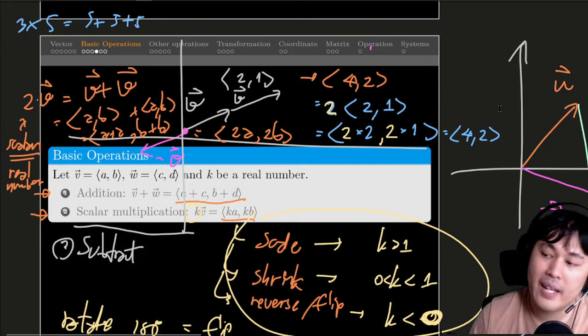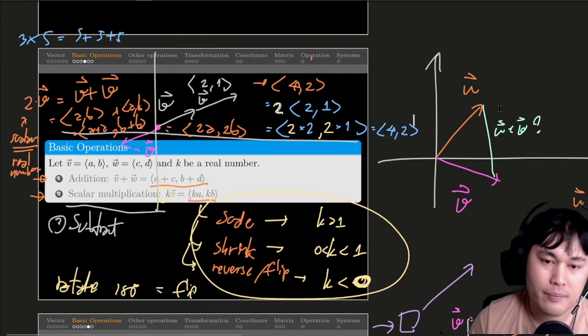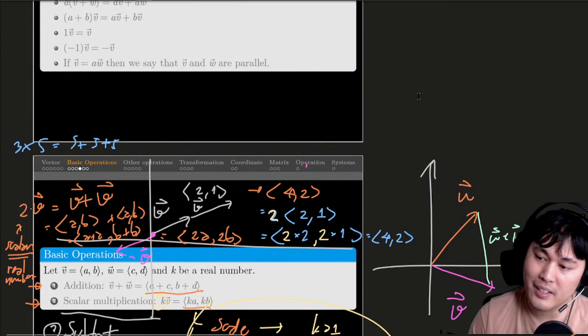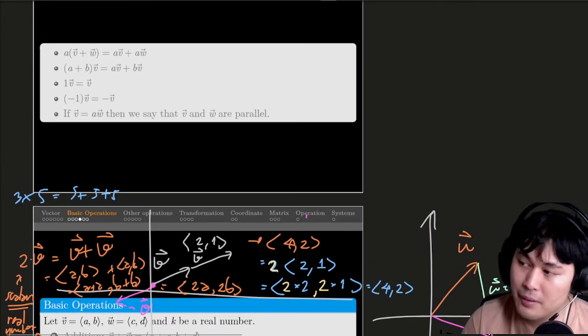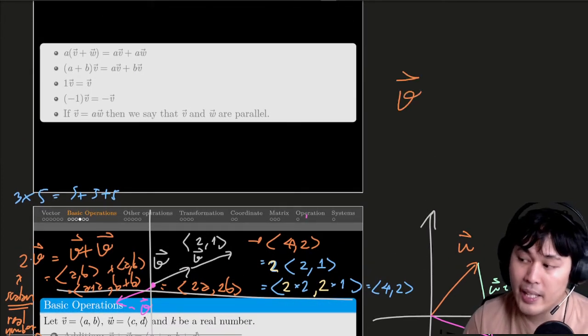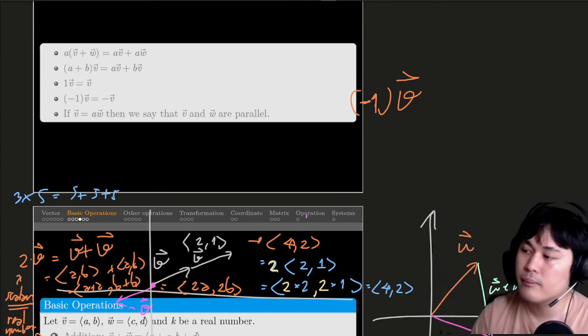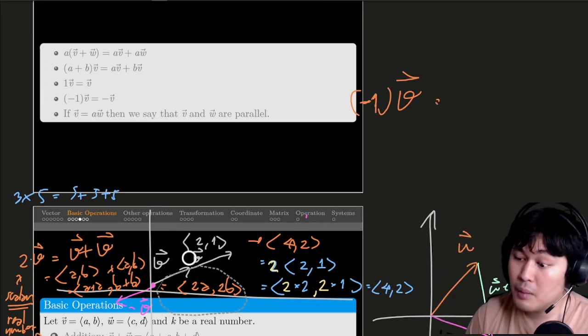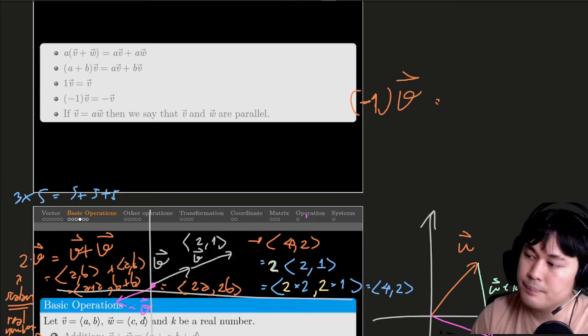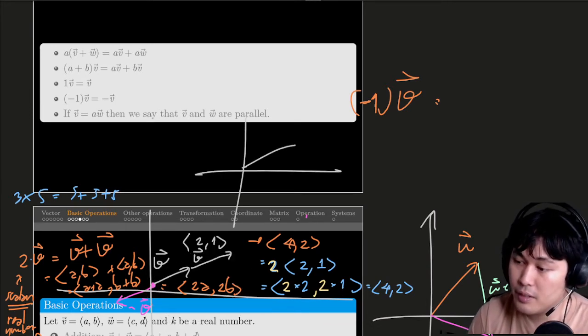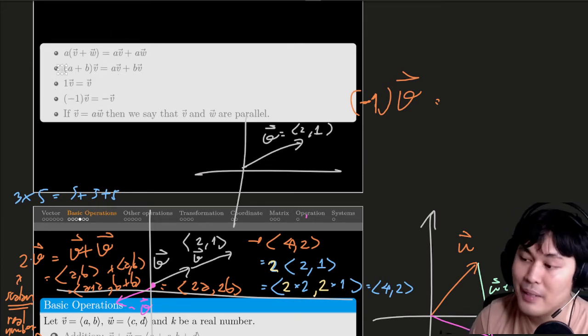Now from the formula, if you multiply by a positive number, that's intuitive. Let's see what happens when you multiply by a negative number. Let's say you multiply v by -1, where v is the same vector (2, 1). Ignore this top half for a moment.